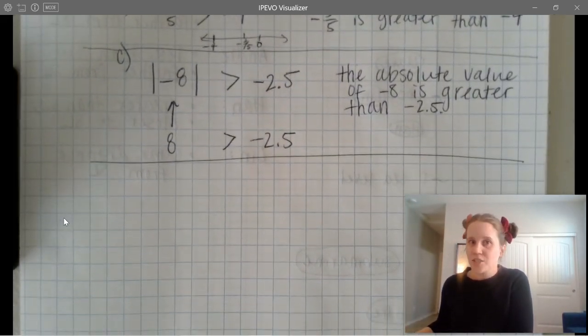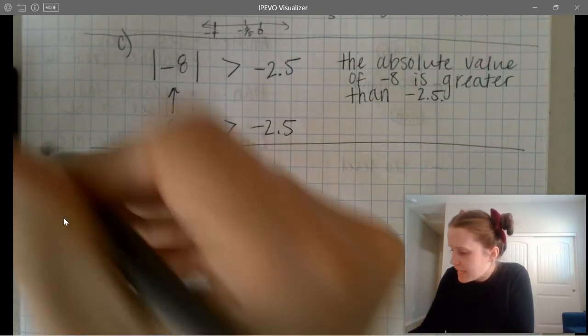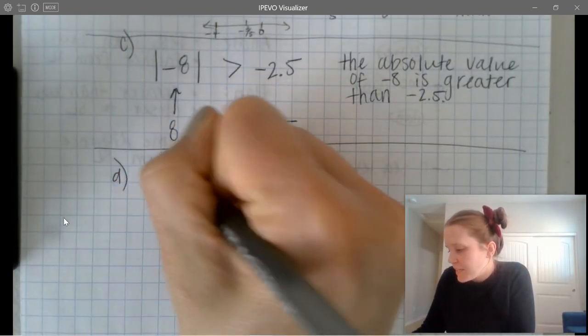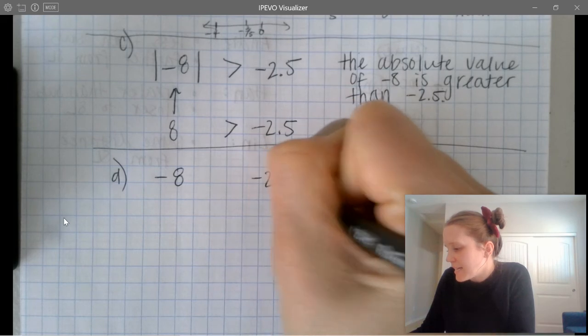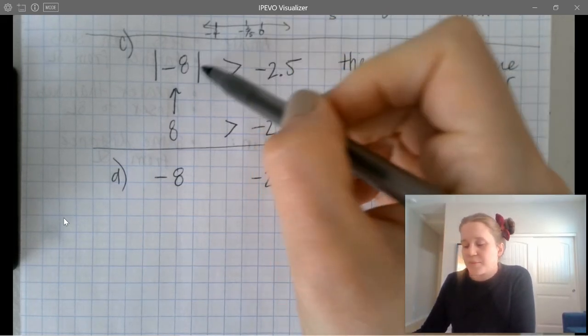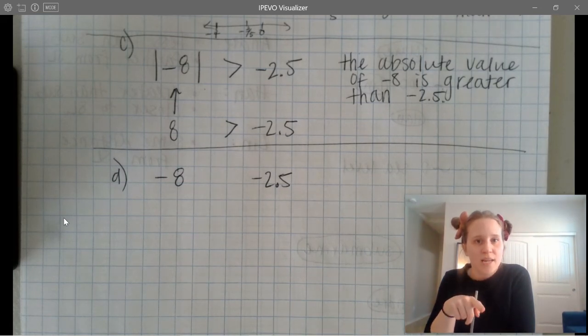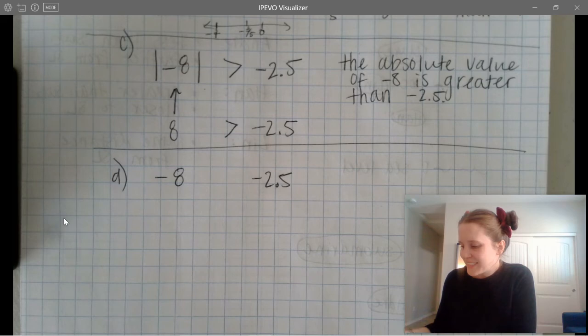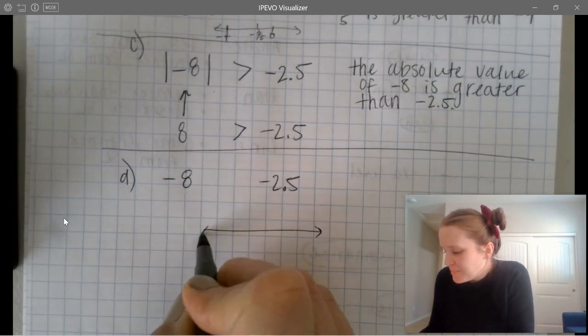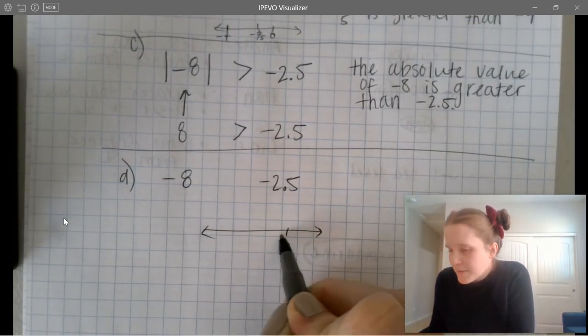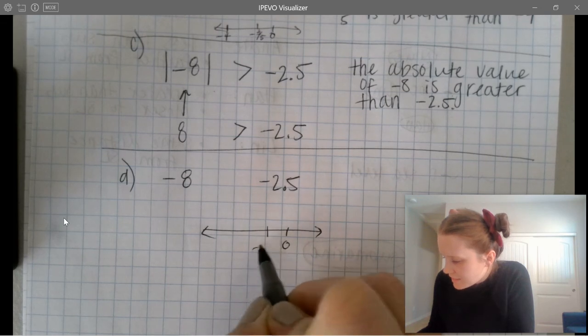Okay? Just as a reminder, because I know this can be tricky, if I wanted to compare -8 and -2.5, so not the absolute value anymore, but just -8, what inequality symbol should I use? I'm going to look at them on a number line. Here's 0, and I'm counting backwards this way. That's how I like to do it.